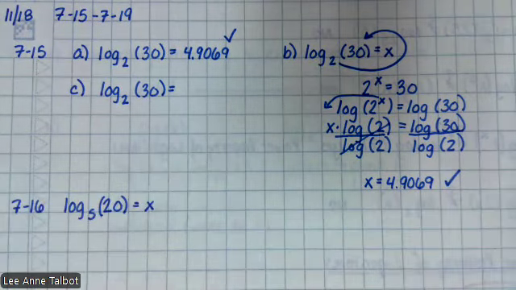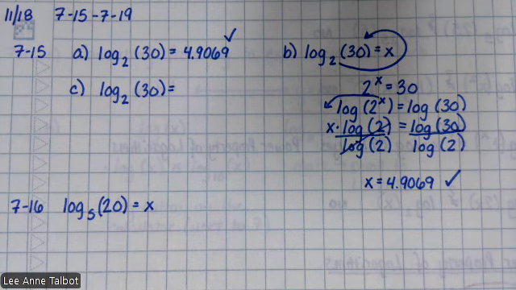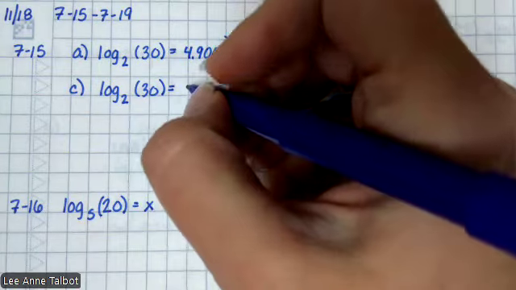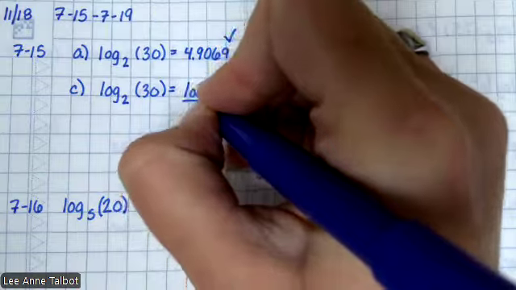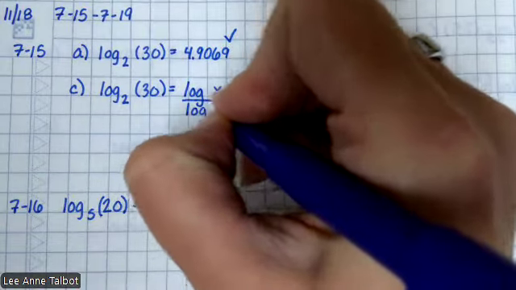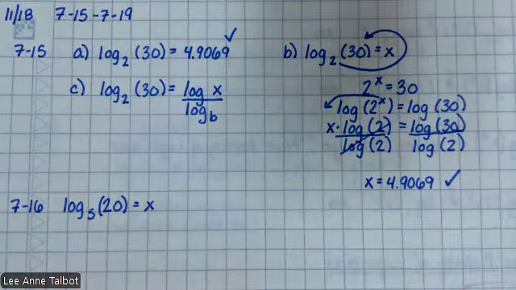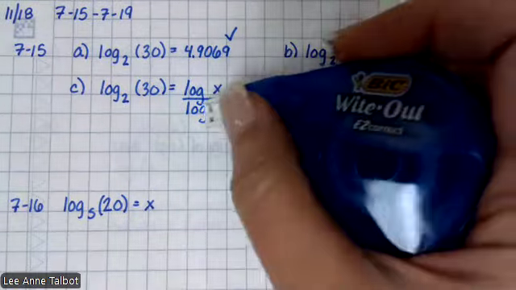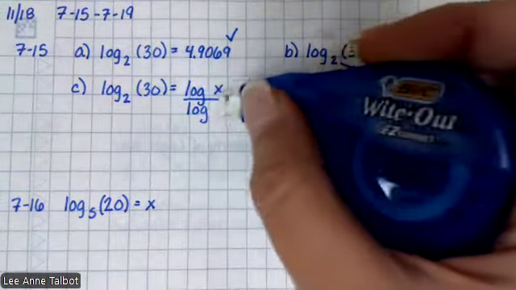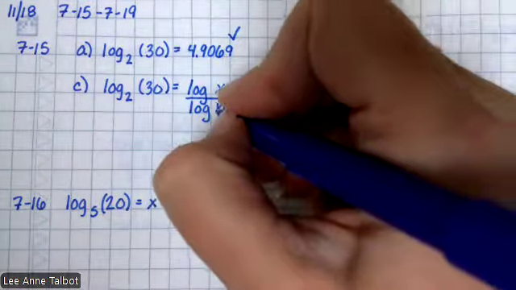Okay, now for C. C, we're going to use what's called the change of base formula. And there is a rule that the log of x divided by the log of, actually, don't put a little b like that, put a regular b. Divided by log of b.